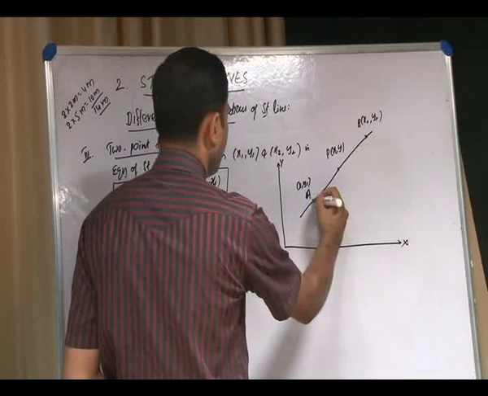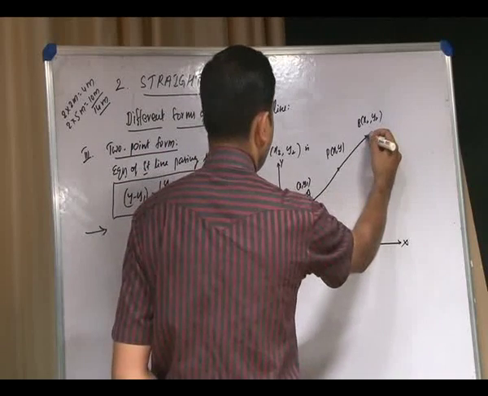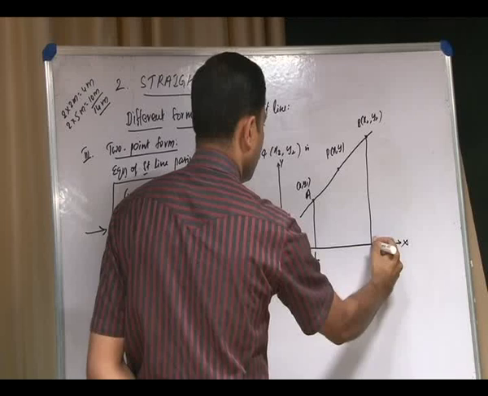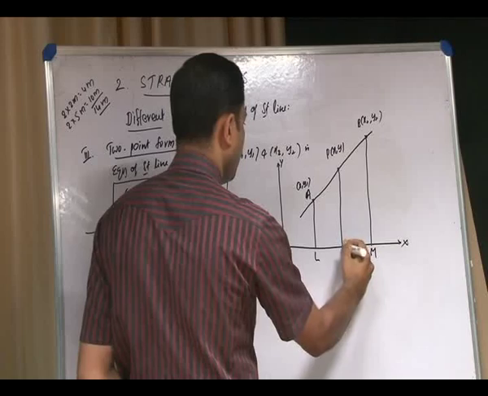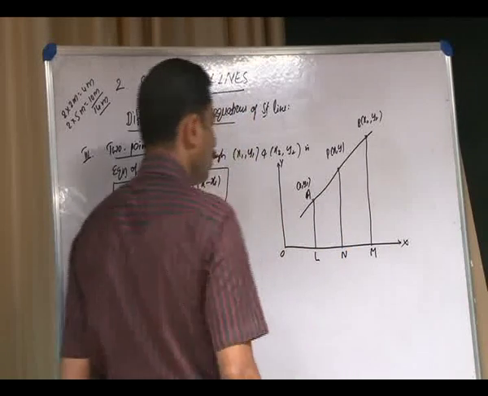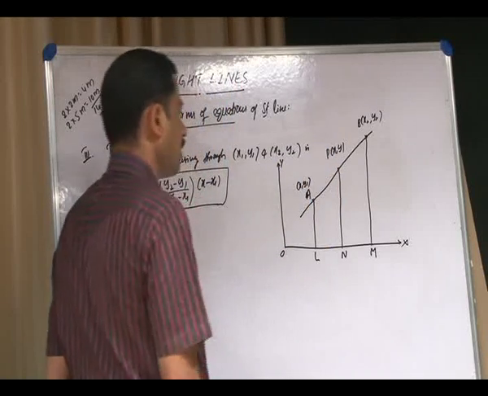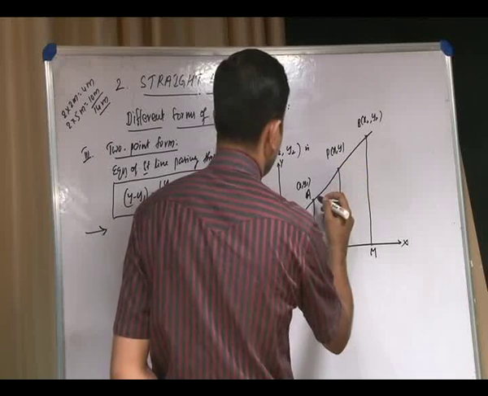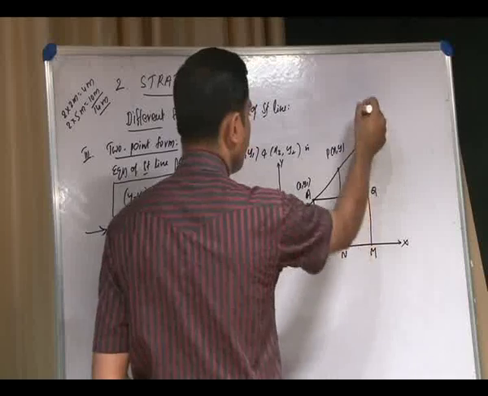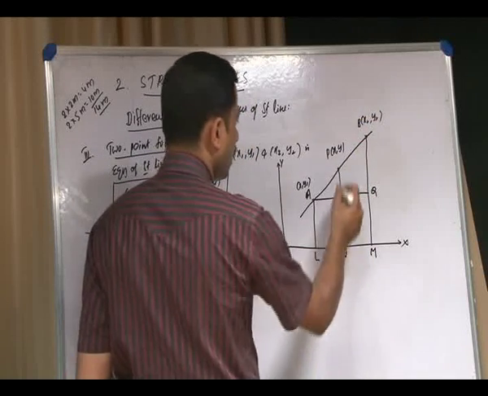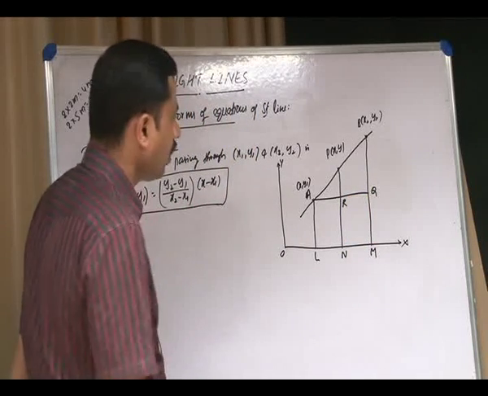Then draw AL, PN and BM perpendicular to line OX or x axis, and draw AQ perpendicular to line BM which cuts the line PN at R.